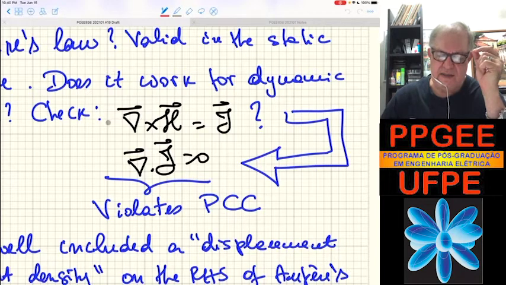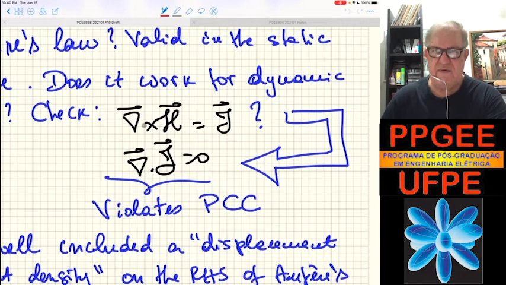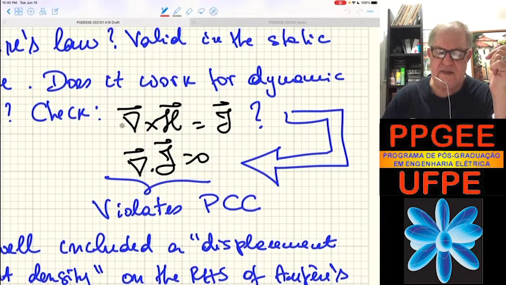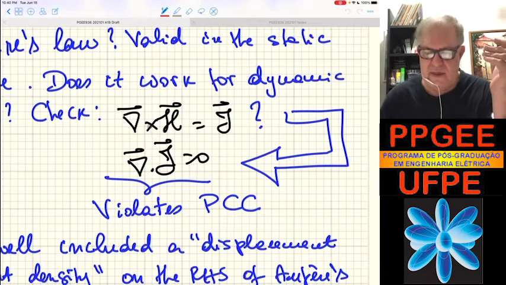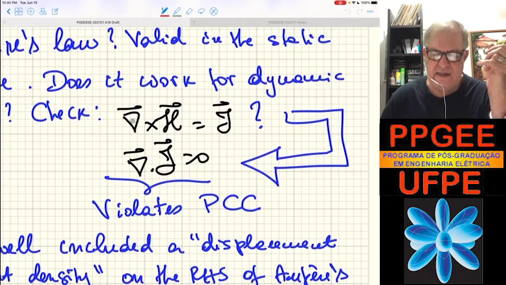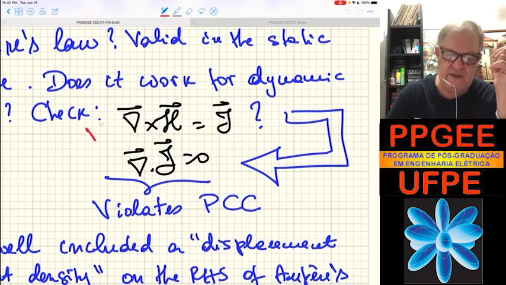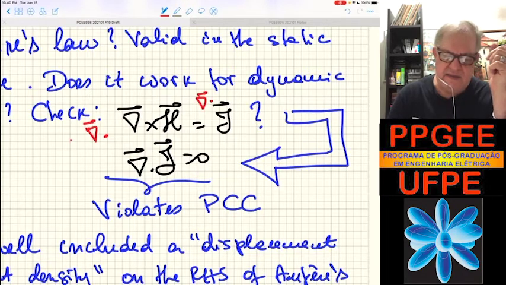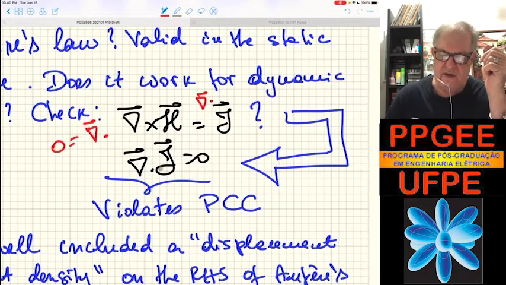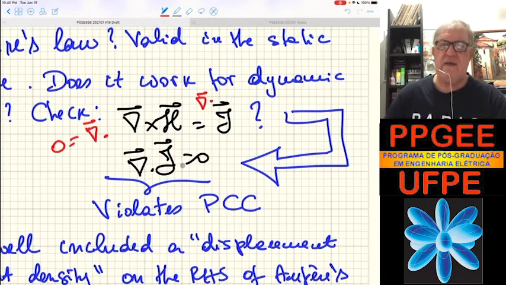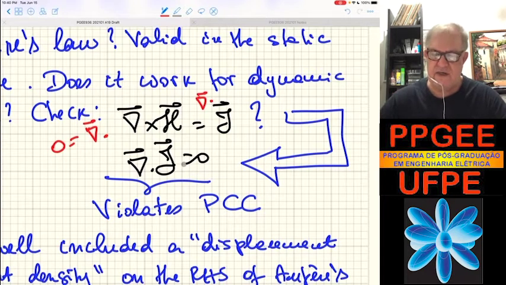If you calculate, for time-varying fields, the divergence of both members of this equation, we know that the divergence of the curl is always 0, independent of H. So if I apply the divergence on each side of this equation, I'm going to have 0 equals the divergence of J. And this violates the principle of charge conservation.